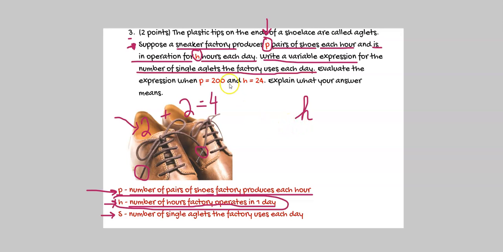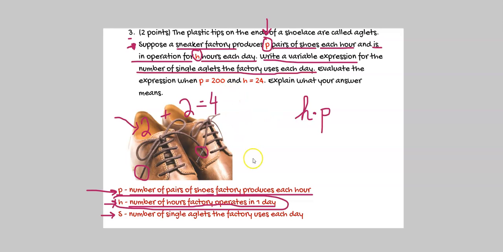So each hour, this factory produces P pairs of shoes. So every hour we have P pairs of shoes. If we multiply H times P, we will get how many pairs of shoes are produced after H hours.